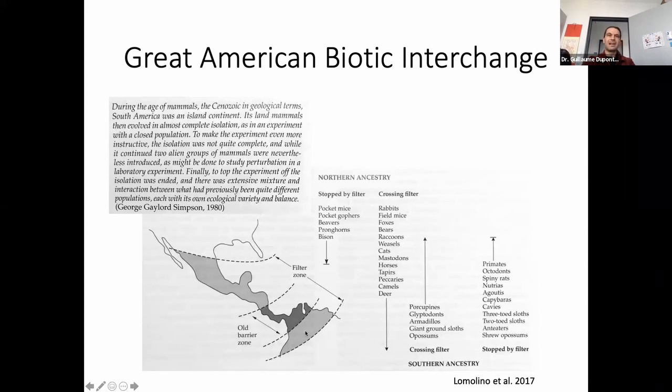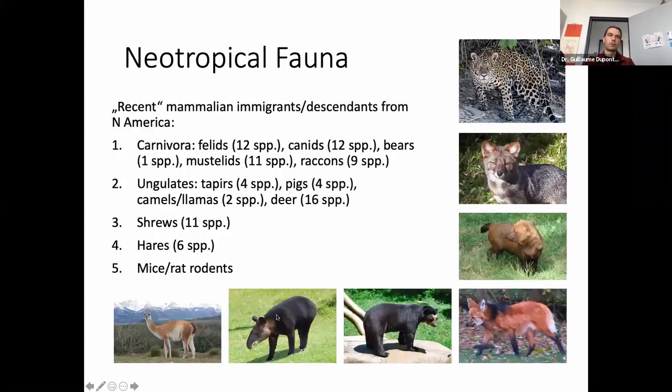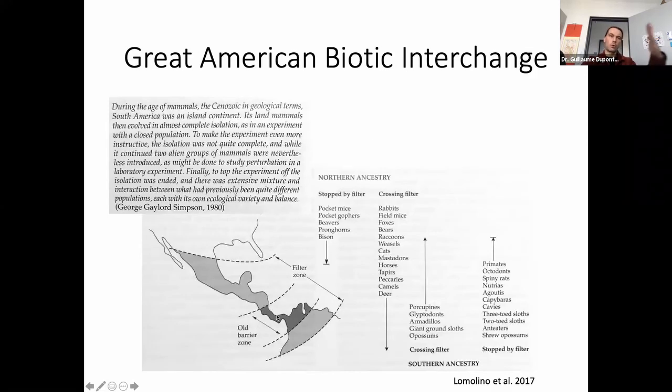Even though it was a land bridge, it did not allow all species to traverse because the conditions were not allowing this. It was too wet, the ecosystems were different, and these species didn't find the right food sources, etc. Yeah. So you see that a number of species from North America were stopped here and couldn't traverse. So they never invaded South America.